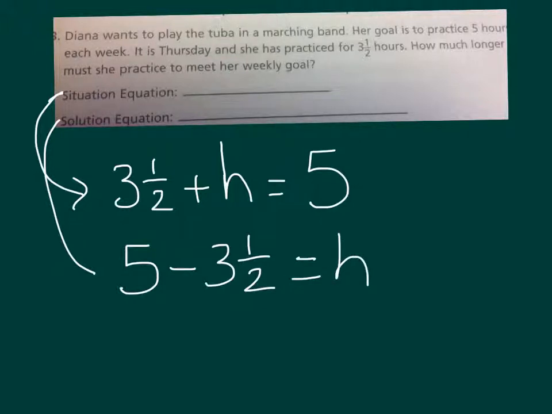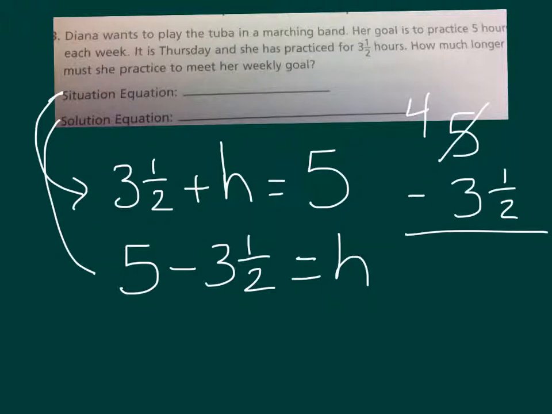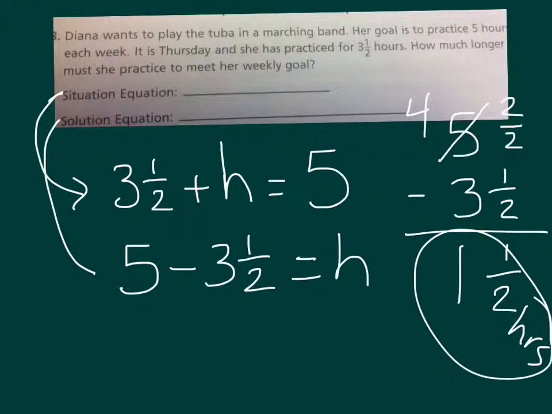And then it asks you to also solve this. So I'm going to take 5 minus 3.5. I'm going to borrow a whole, and that's going to make 2 halves because I want my denominators to be the same. I subtract, and I get 1.5 hours. And I want to make sure that makes sense: she has 3.5 hours, add another hour, and then another half an hour, and that gets us to 5.